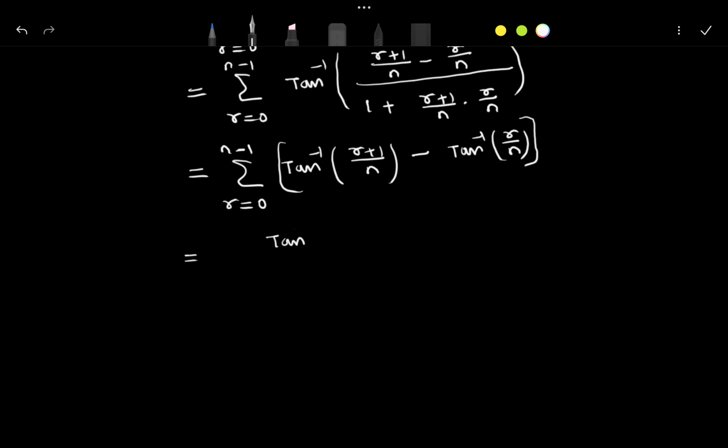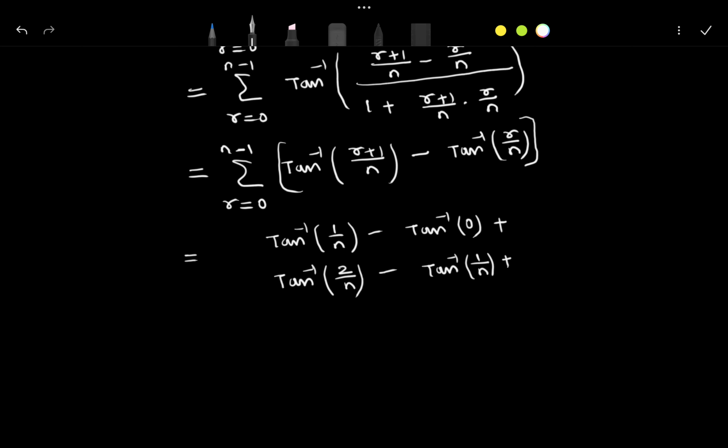Tan inverse of 1 by n minus tan inverse of 0. Second term, r equals 1: tan inverse of 2 by n minus tan inverse of 1 by n.